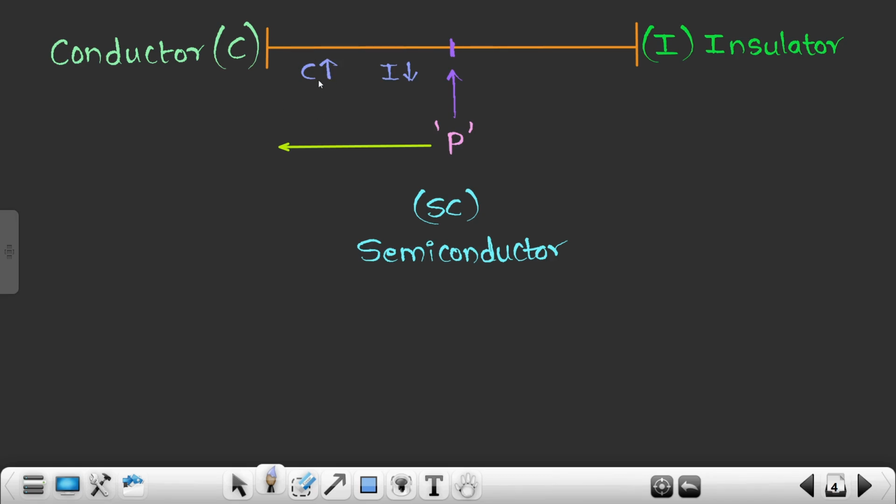Don't worry, I am going to discuss this point in detail as well, but as of now just try to understand it. When I am trying to move this parameter P, it can be anything as I discussed, a voltage or a current. If I move this voltage towards this side, the property of the conductor is going to increase, and its insulating property is going to decrease.